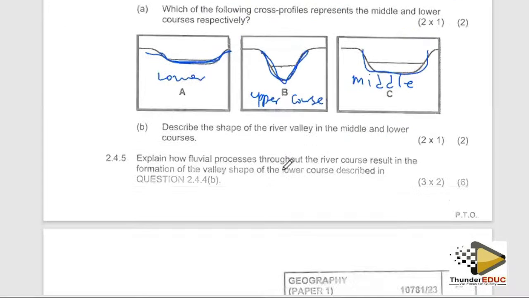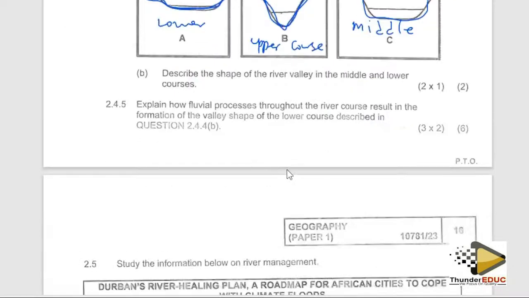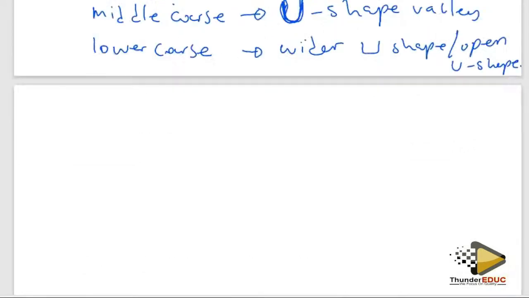Then 2.4.5 says, explain how fluvial processes throughout the river courses result in the formation of the valley shape of the lower course described in question 2.4.4B. Right.